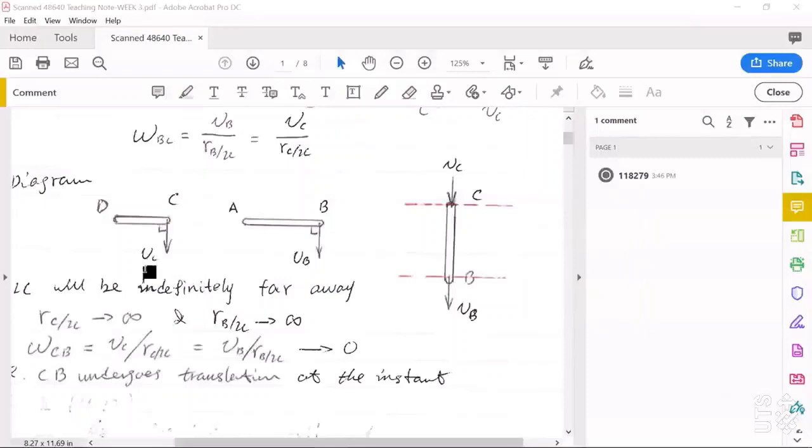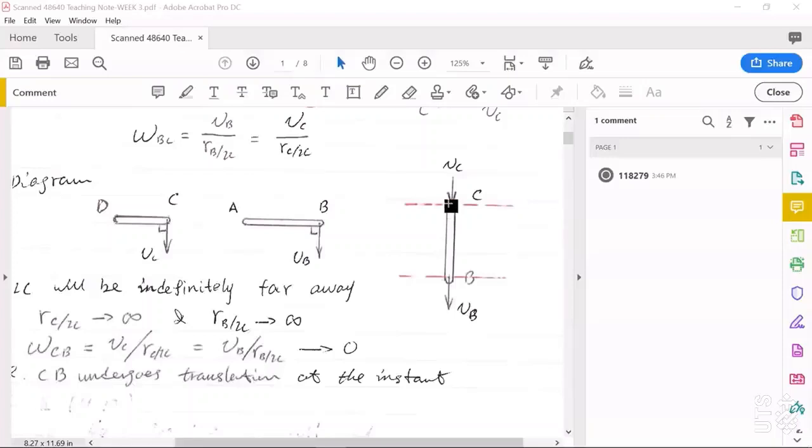For this mechanism, we need to draw kinematics diagrams for each link. For DC, for AB, and for CB. If you only look at CB, you don't know anything. But C and B, these two are the pin connection points, so we will look at these 2 points.